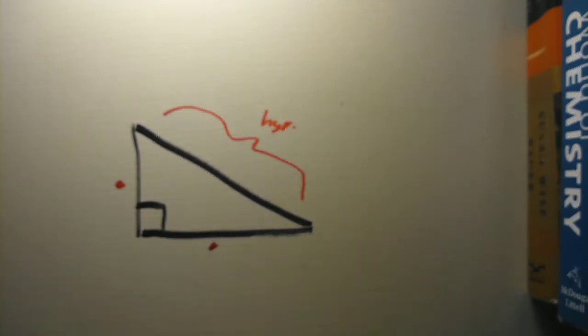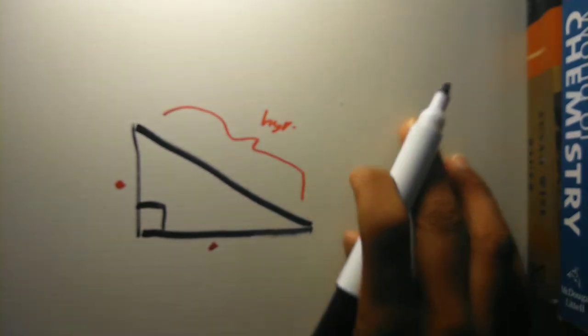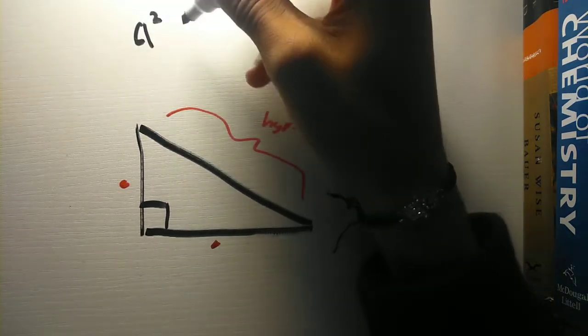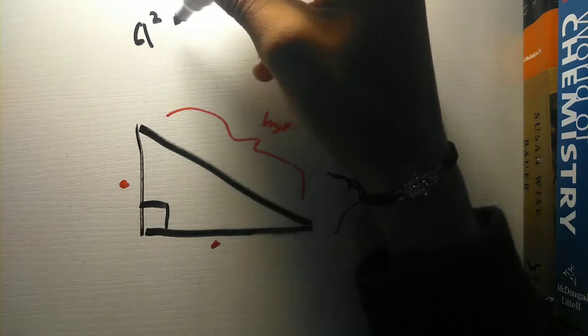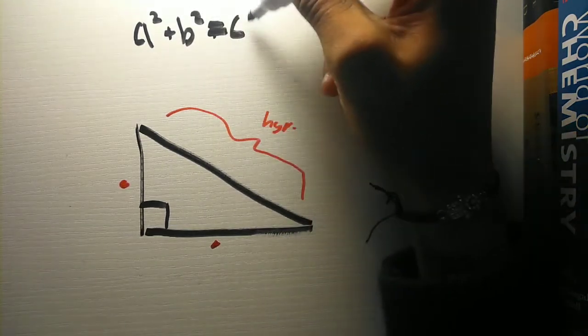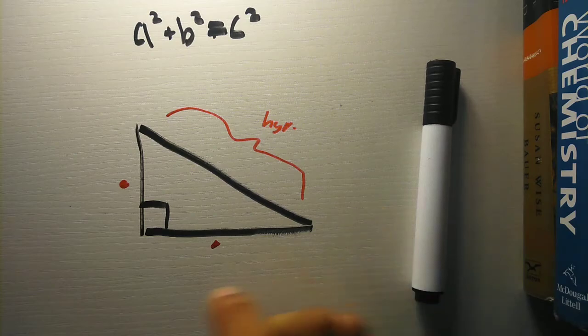Now, let's write out the equation for the Pythagorean theorem to better understand what it is. So a squared plus b squared is equal to c squared.